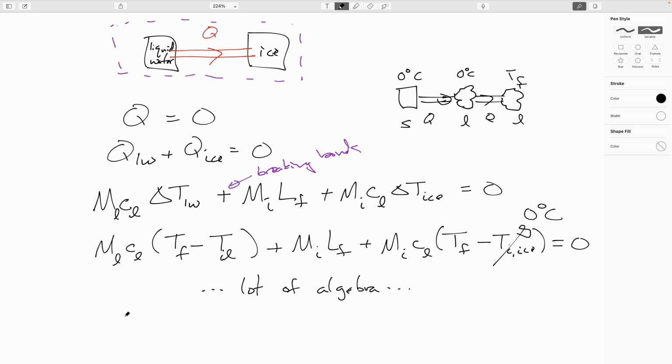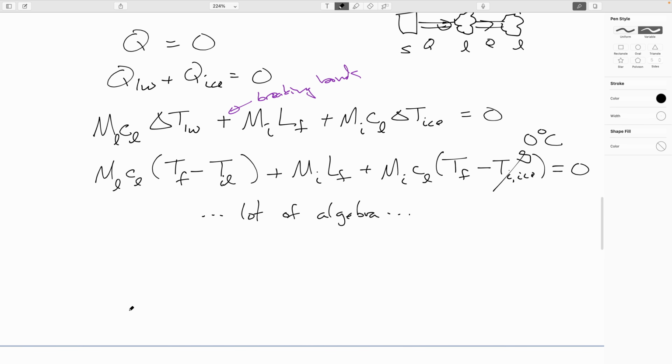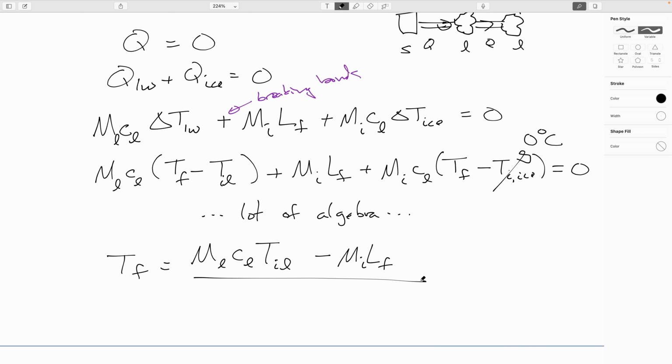And so I'm just going to go ahead and say when you rearrange this to get T final, what you get is T final equals the mass of the liquid water times the specific heat in the liquid phase times the initial temperature of the liquid, minus the mass of the ice times the latent heat of fusion, over the mass of the liquid water plus the mass of the ice times the specific heat of the liquid water.